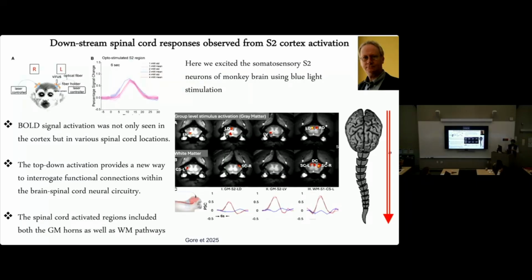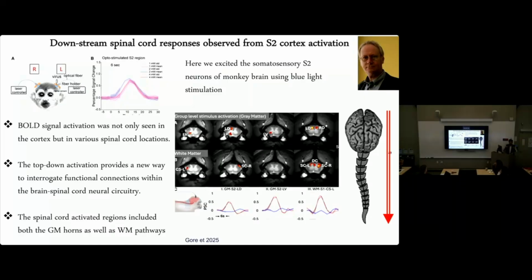So one of the recent studies that we have just published is regarding how the activation models work in the spinal cord when we take a top-down approach, instead of the traditional natural way of tactile or any other peripheral stimulus-based approach. So we used optogenetics to excite or activate the somatosensory S2 neurons in the brain.